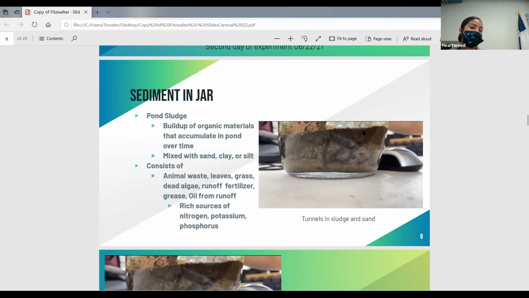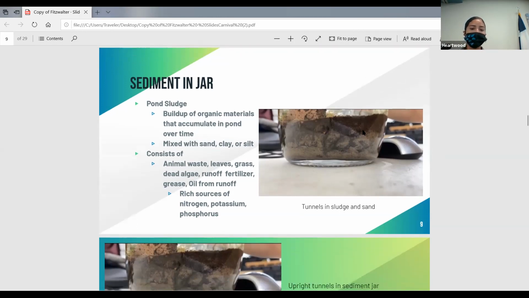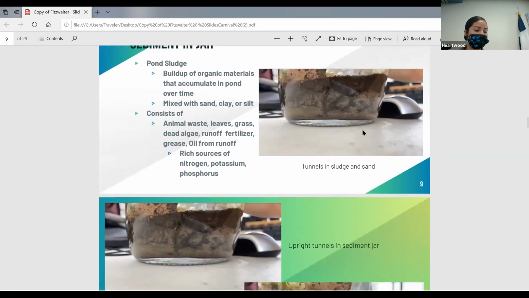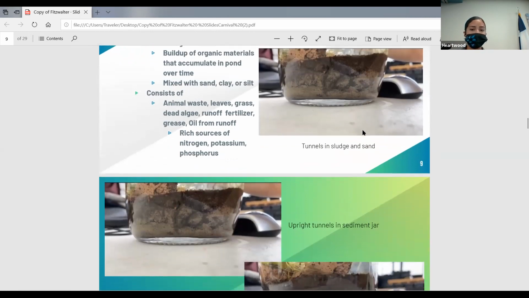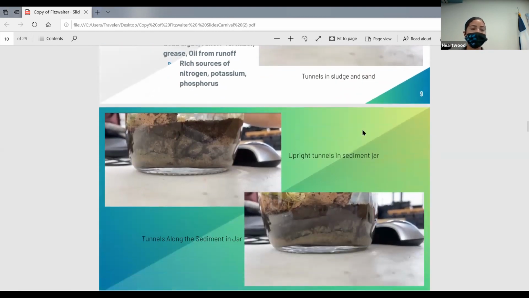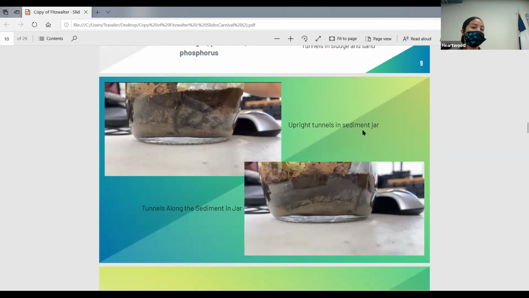And you can notice that there are tunnels running along the jar. These pictures were taken July 28th. Here's just some more pictures of the sediment of the jar, and I'll explain later why there are those tunnels.